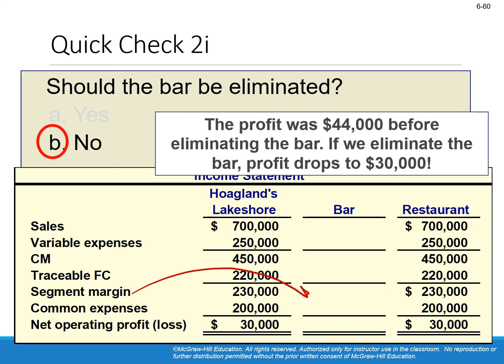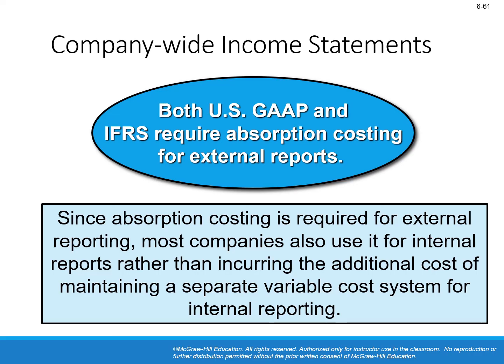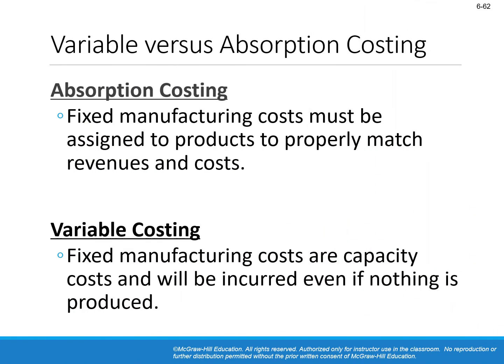Here you had a segment margin of $14,000. If you eliminate the bar, you will lose these $14,000 and these 200 will stay there. So your net operating income will decrease by 14,000. It was 44,000 and now it has become 30,000. So you made a loss of 14,000. So you should not eliminate the bar.